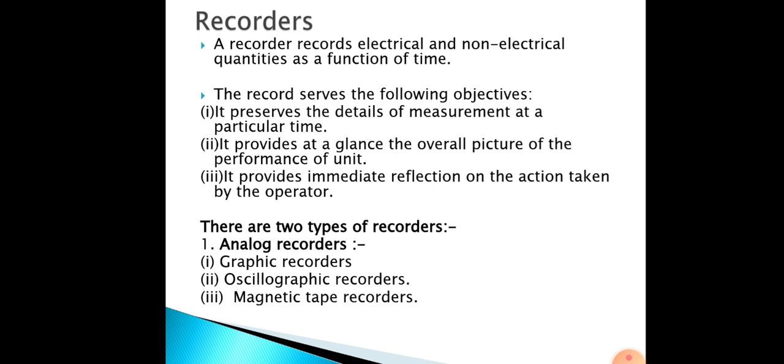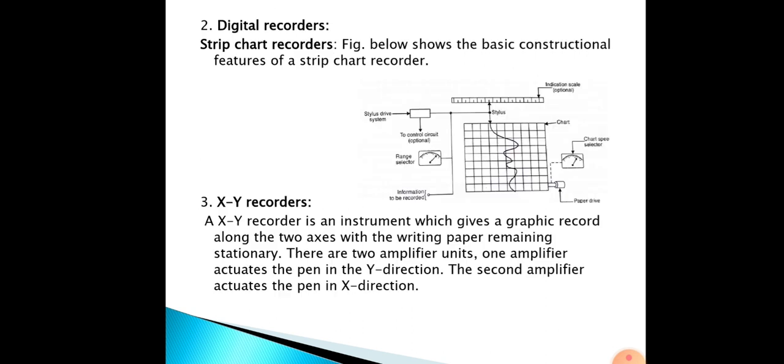There are two types of recorders: analog recorders, which are graphic recorders, oscillographic recorders, and magnetic tape recorders. Graphic recorders include strip chart recorder, galvanometer type, potentiometer null type, bridge recorders, and LVDT recorders. The second type is digital recorders.